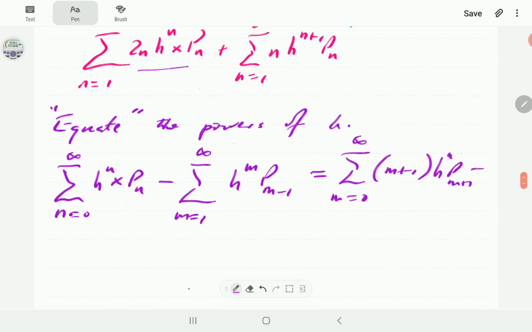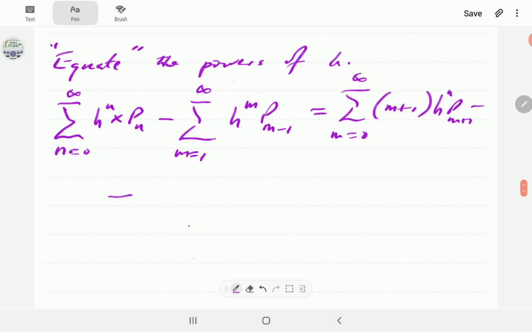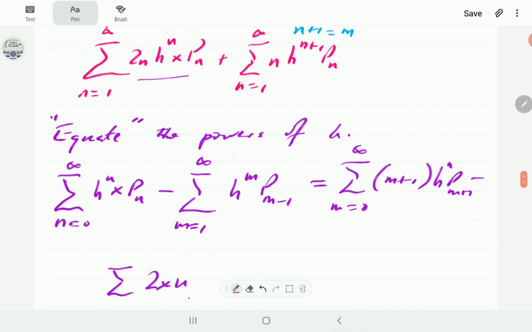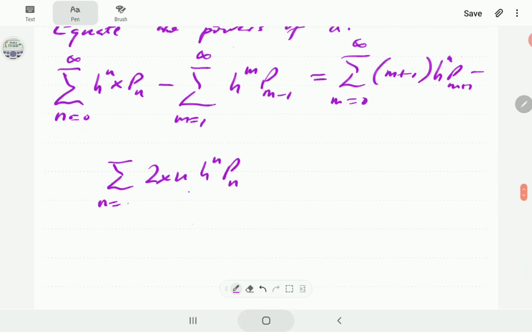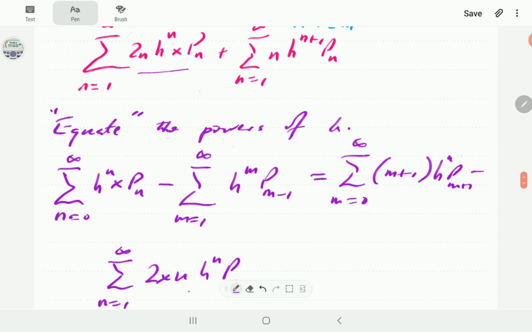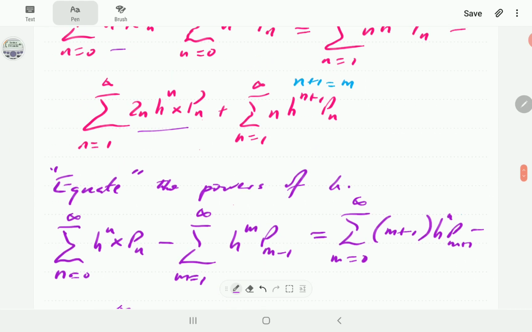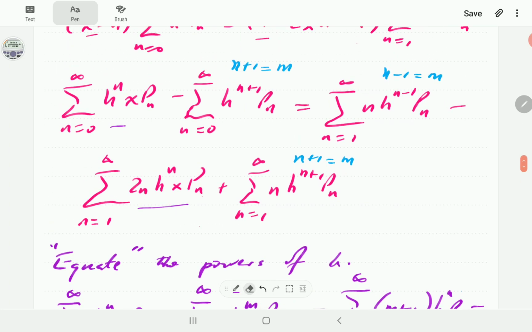Okay. The second term remains exactly as it was before. We have got 2x n h to the power n p_n. Lower summation limit is 1. And then the last term, we're going to have to do a manipulation similar to what happened to this term here.